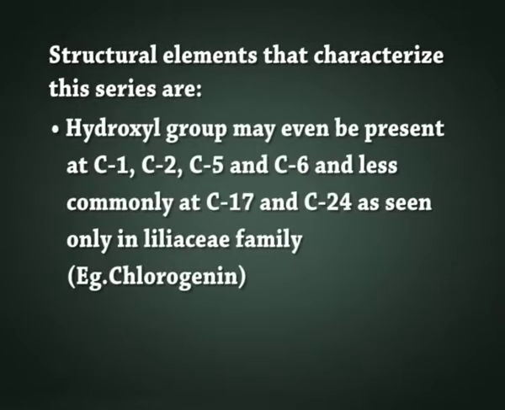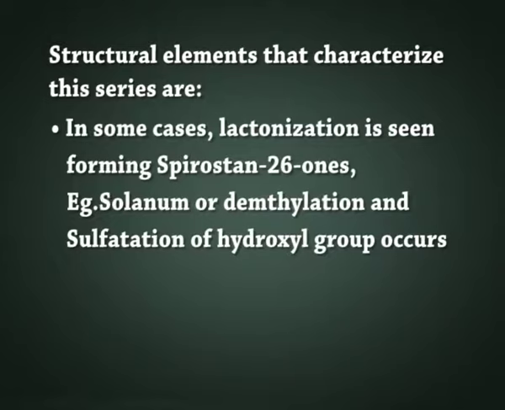A hydroxyl group may even be present at carbon 1, carbon 2, carbon 5 and C6, whereas it is less commonly found at C17 and C24, as seen only in the Liliaceae family. The example is chlorogenin.